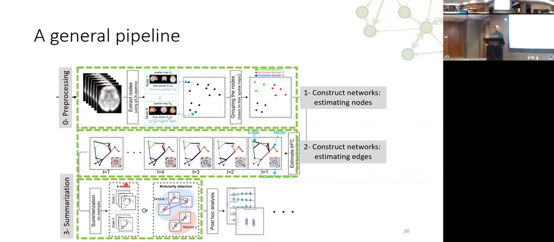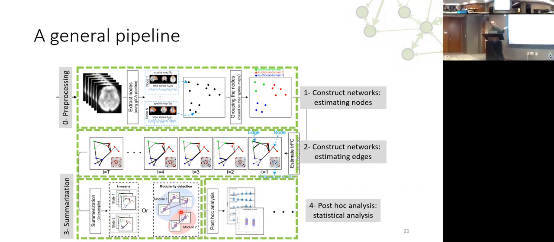There are also clustering approaches and modularity detection approaches in networks, and so on. And finally, you have to have a post-hoc analysis, usually a statistical analysis. That is the general pipeline of how the whole analysis is usually done.